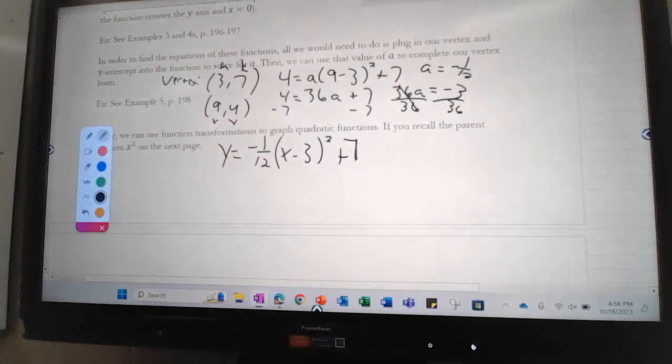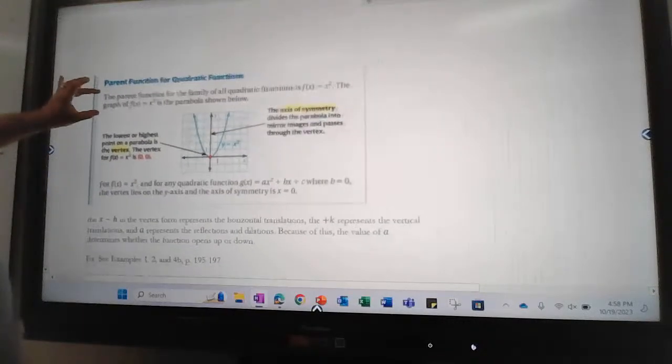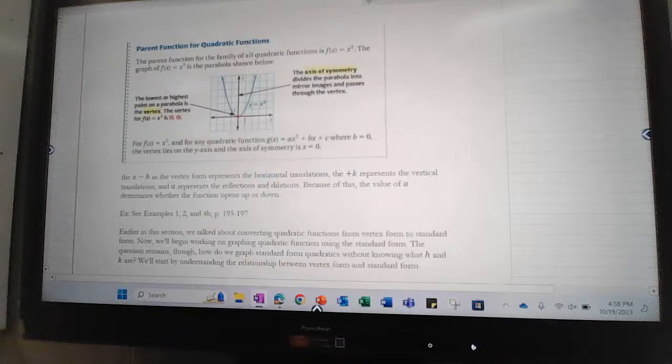So if you know your vertex and another point, you can plug it into the vertex form to find the value for a, and then put a back into your standard vertex form.